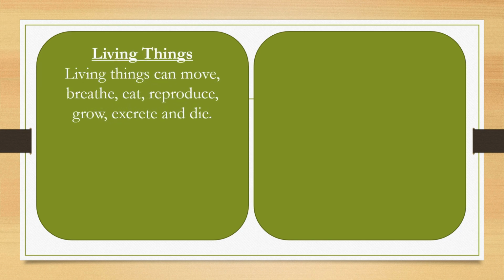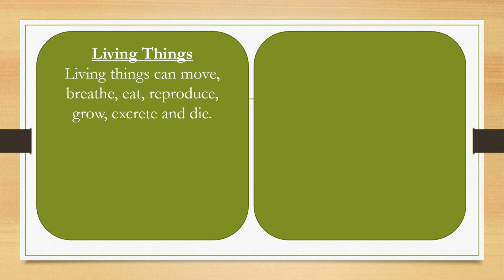We also discussed more and more about living and non-living things. There is a basic difference between a living and non-living thing. Living things have life, whereas non-living thing doesn't have life. So you can see here, living things can move from one place to other.